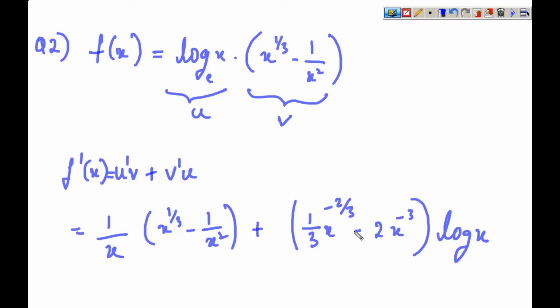Sorry, it will be plus here. So this is the derivative of the function of x.